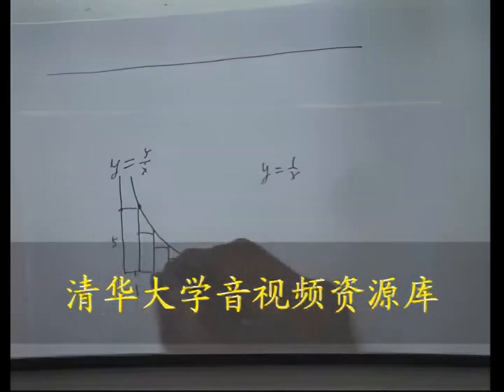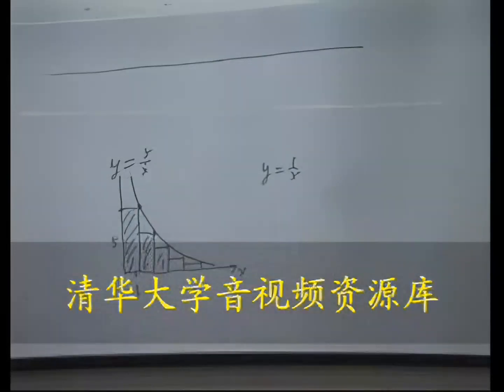At 1 it's 5, at 2 it's 2.5, and this is the first area, this is the second area. That's correct, but how do you know that this area is infinity?